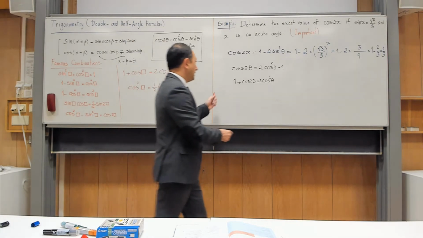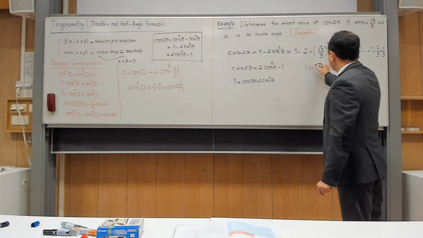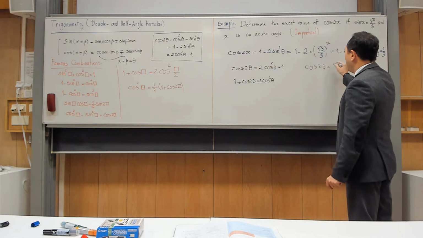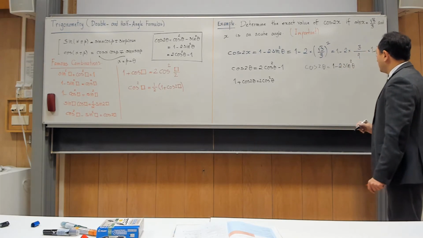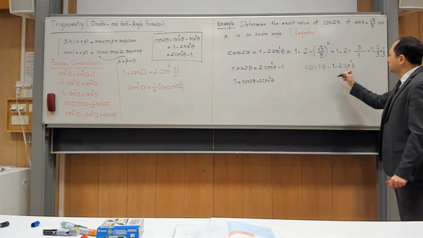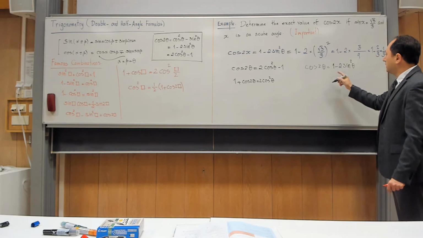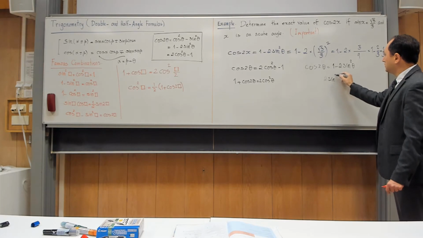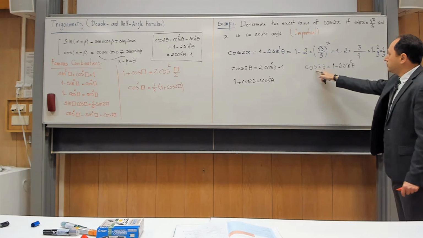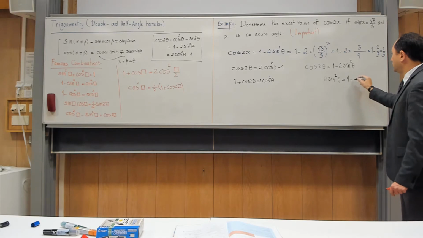Let us work with the other one. Cosine 2 theta is 1 minus 2 sine squared theta. What can you do? I can move this 2 sine squared theta to the left, and I move cosine 2 theta to the right.